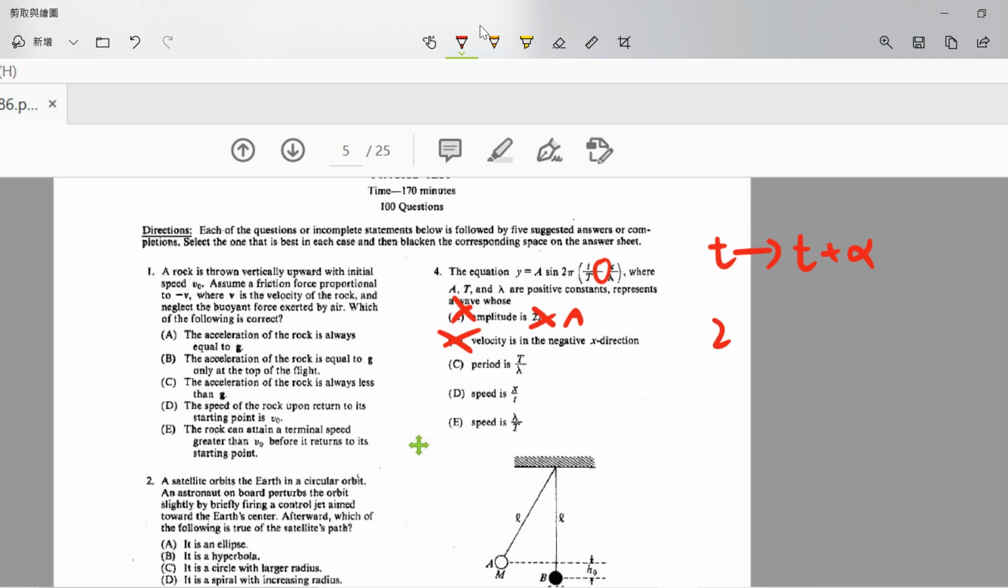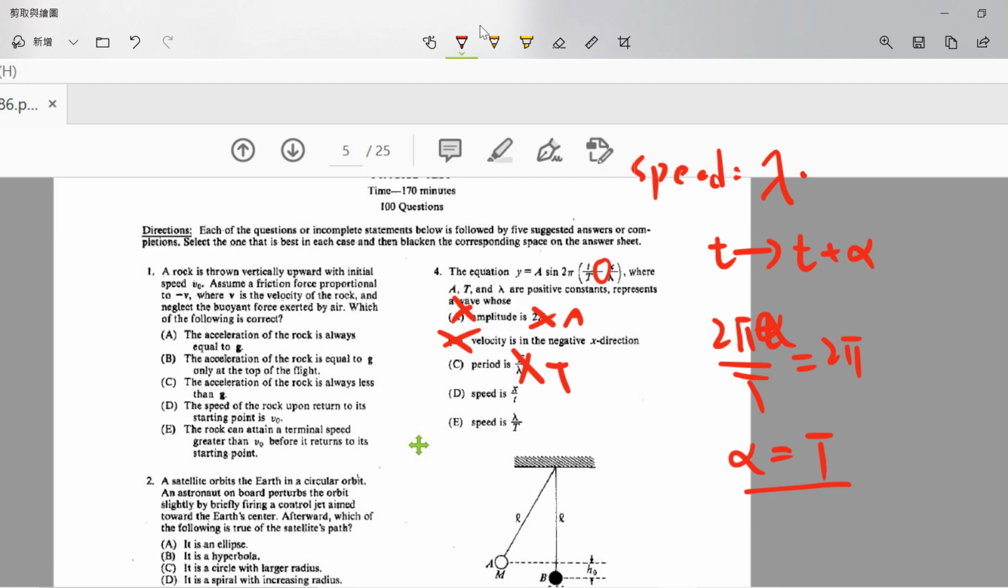So it should be 2 pi t over T, with alpha being 2 pi, so the period is T. The speed is the wavelength times the frequency, or the wavelength divided by the period, so it should be lambda divided by T, where lambda is the wavelength. So the answer is E.